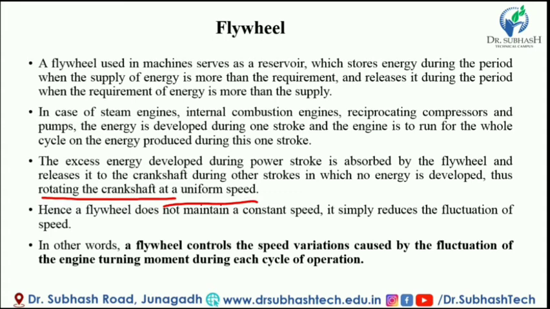So what does the flywheel do? It absorbs the energy during the power stroke, when the energy is generated, and releases the energy at the other strokes of the cycle where energy is not developed. So the crankshaft rotates at a uniform speed. Hence the flywheel does not maintain a constant speed.